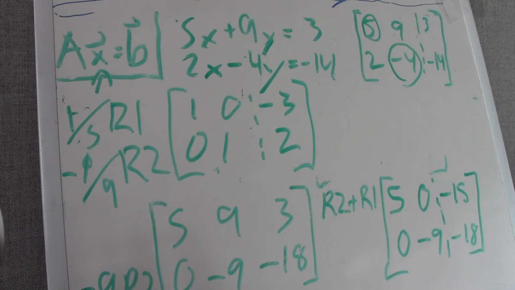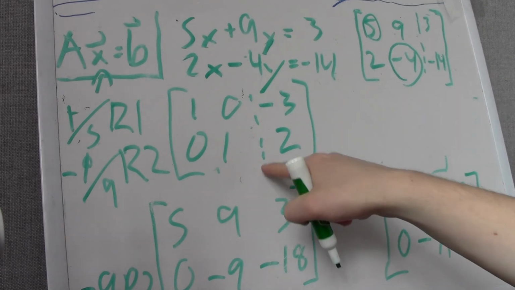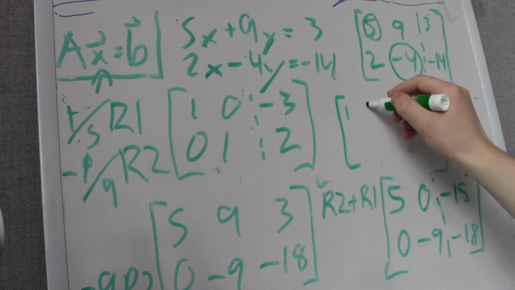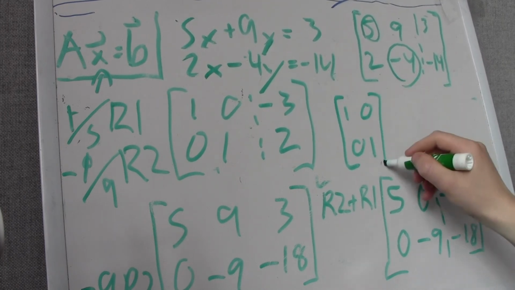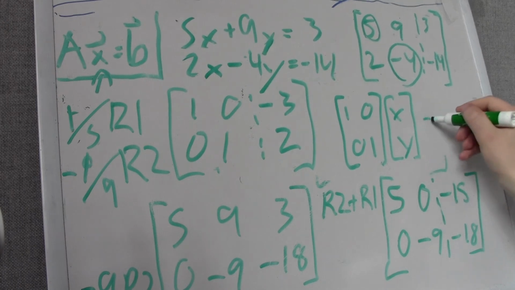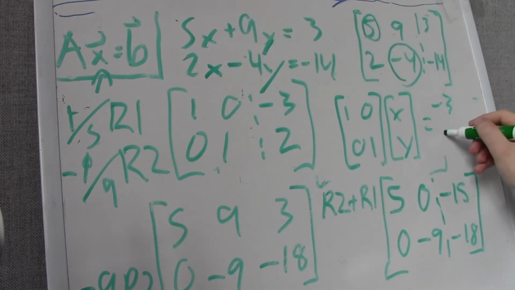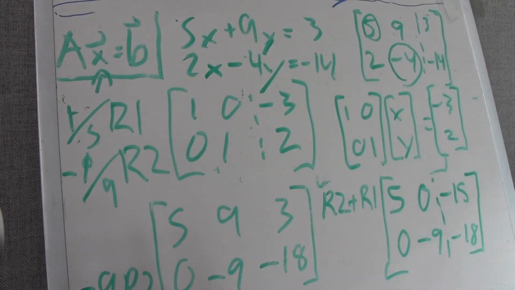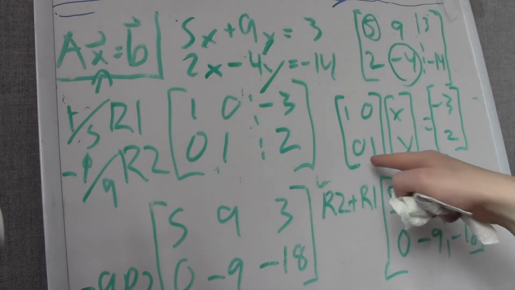Now we have our answer. But how is this our answer? Well, remember, we just hid the x and y. So this is the same as [1, 0; 0, 1] times [x; y] equals [-3; 2]. Remember that this is our identity matrix.